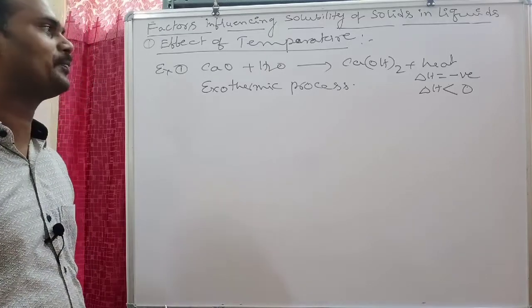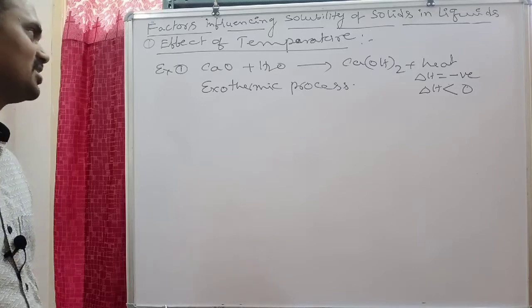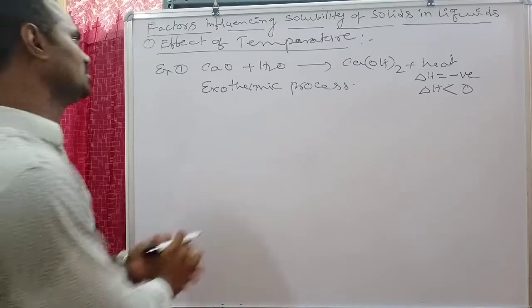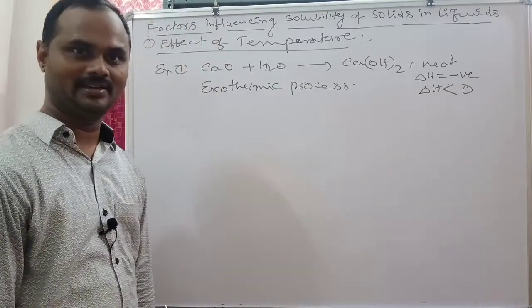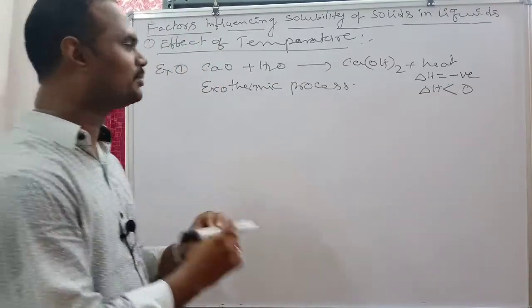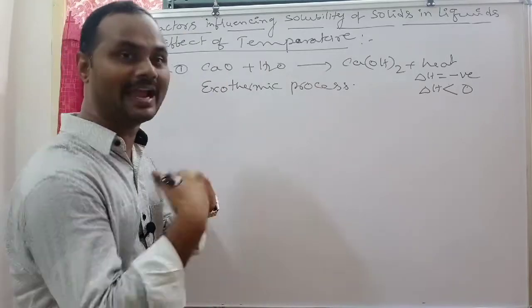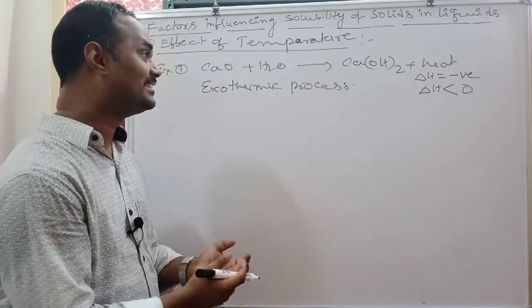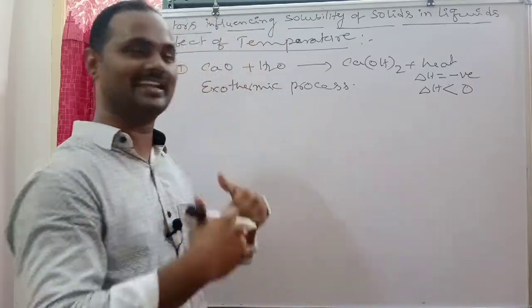For an endothermic process, high temperature is favorable. Carefully see the exothermic process. During this process, heat energy is liberated. Is it clear? Suppose in this case you raise the temperature: instead of releasing energy, what will happen? It takes energy.